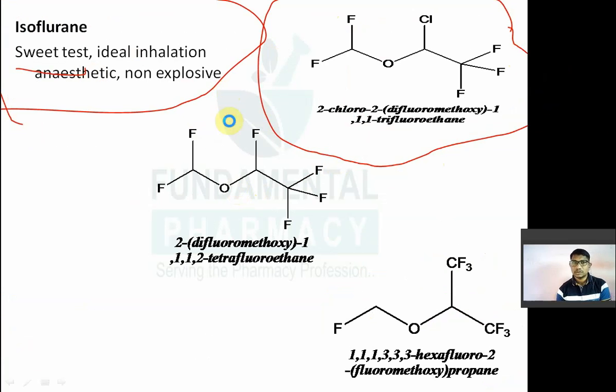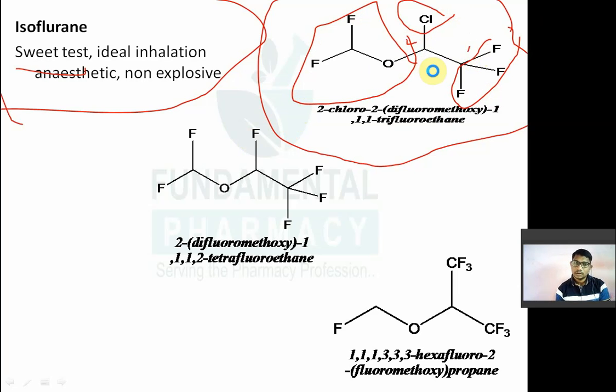So you can see over here structure 2-chloro 2-difluoromethoxy 1,1,1 trifluoroethane. 2-chloro, ये carbon number 1, carbon number 2 into difluoromethoxy 1,1,1 trifluoro. That is the isoflurane.